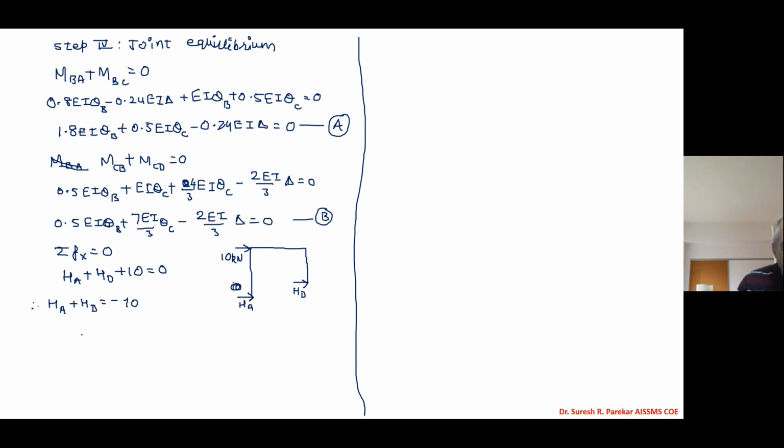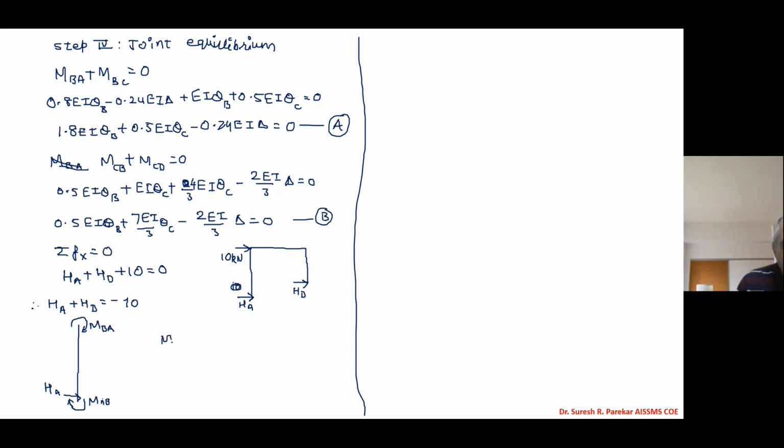Now we will find HA. So we are going to consider this as MBA. Then we are going to consider this, we have again this as clockwise, so MAB. Then we have this as HA.